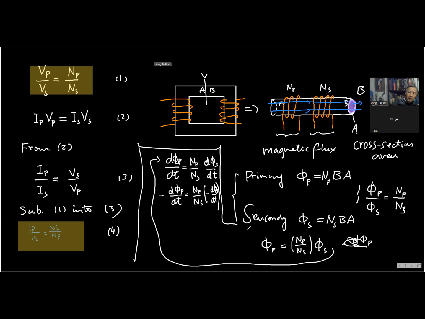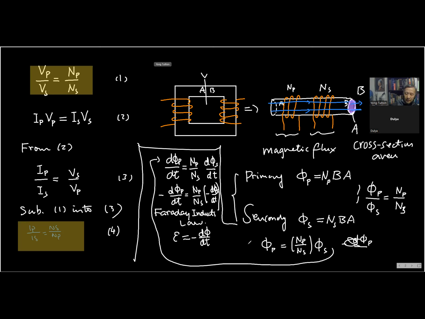Now we recall Faraday's induction law. What's that? The induced voltage is equal to negative d phi dt. It's Faraday's induction law.